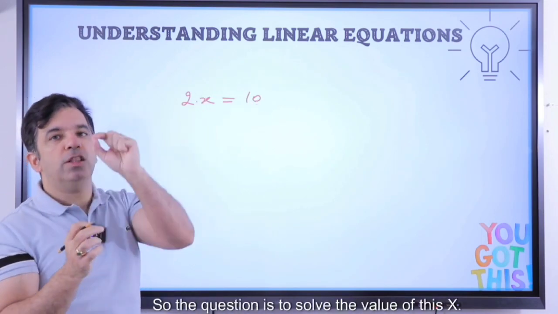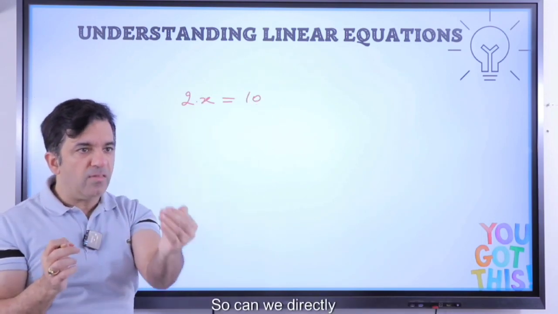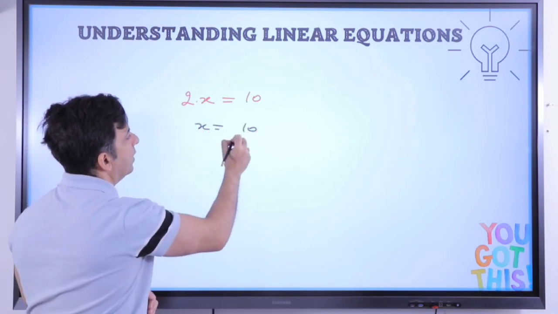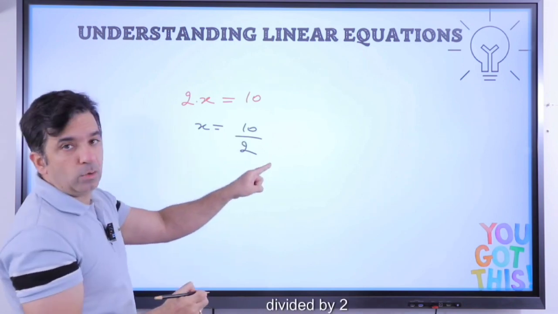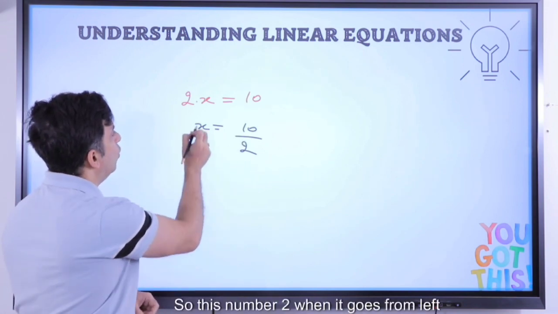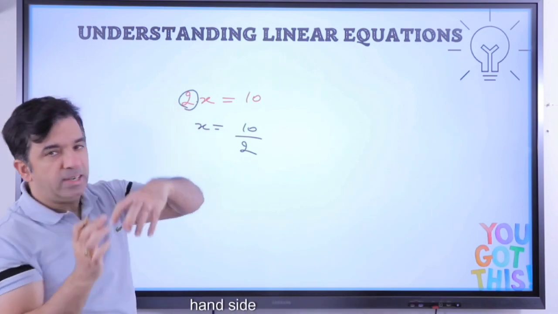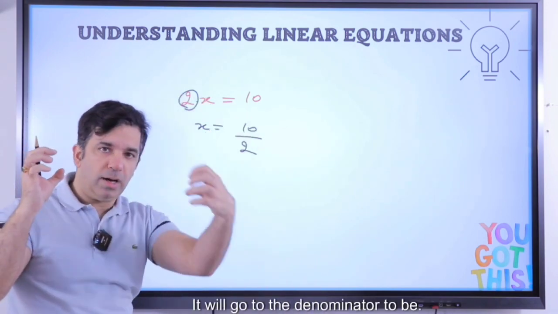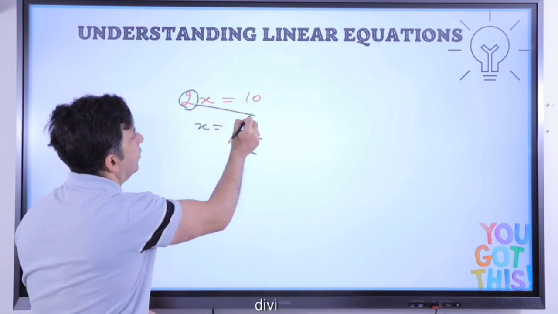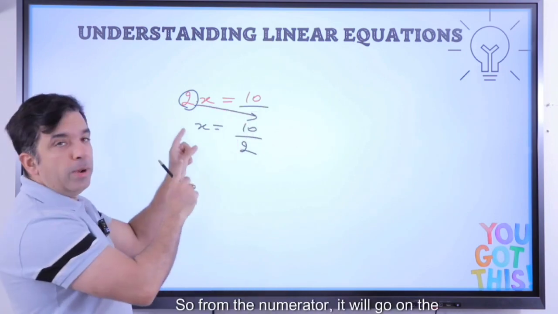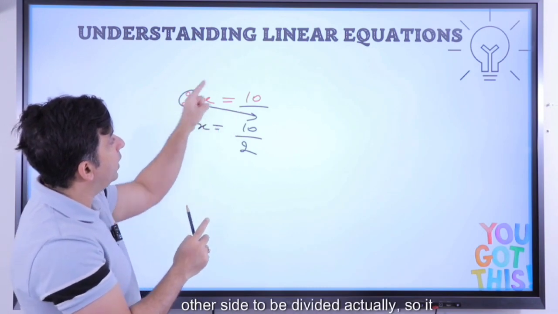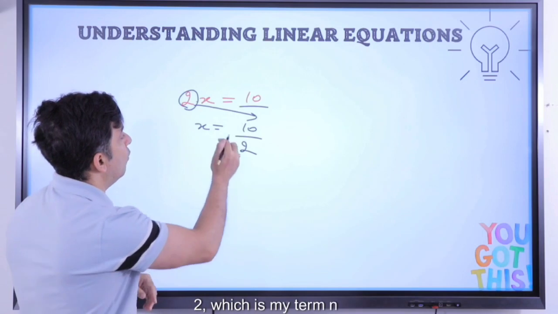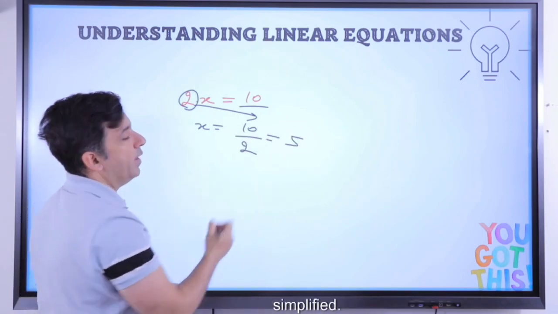The question is to solve for the value of x. Can we directly see that this x would be simply 10 divided by 2? This number 2, when it goes from left hand side to right hand side, from multiplication it will go to the denominator to be divided. So it will become 10 divided by 2, which is simply 5.